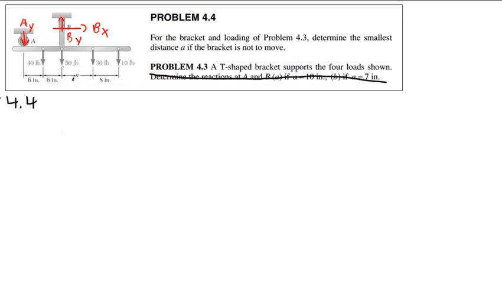What happens if I make A very, very large? I stretch this thing way over here. These two forces are obviously going to completely overcome the moment generated by these forces. This roller would have to apply enormous downward force to keep this thing stationary.